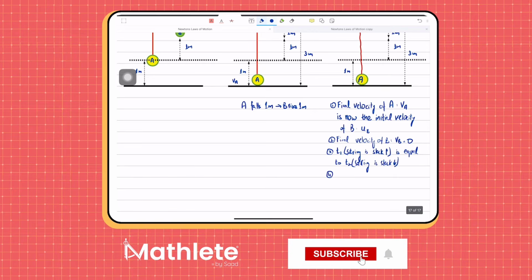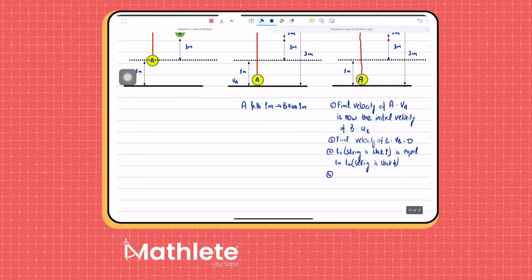The final velocity of B on the way down, just before the point where it comes to rest or when the string becomes taut, will be equal to what? The final velocity on the way down will be equal to the initial velocity on the way up. So key point number 1: on the way down, just before the string becomes taut, because the second the string becomes taut, it comes to rest.